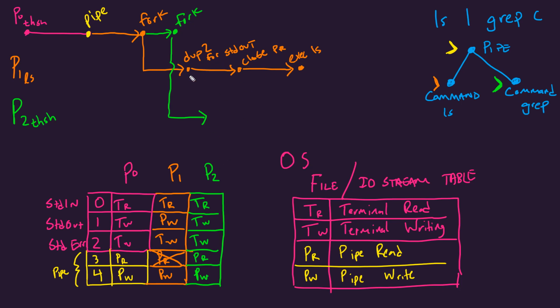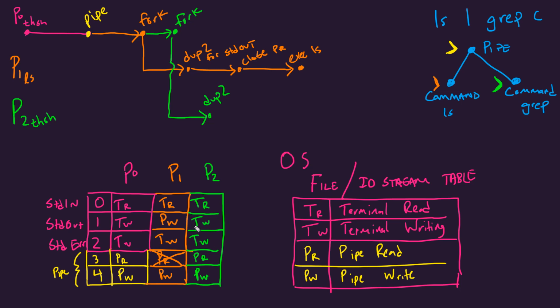And now we want to do effectively the same sequence of steps we did for the ls process. We need to do it for the grep process to set it up to be executed. But we need to be careful in connecting our pipes the way we expect, right? So what do we need to do with this dup2? We're trying to, once again, make sure that the standard output of ls flows into the standard input of grep, right?